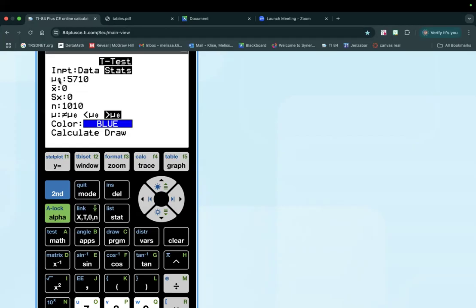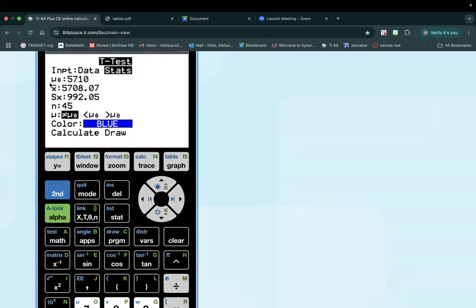The sample mean is right here, an x bar, and that was 5708.07. My standard deviation, 992.05. And my sample size. Remember, we need the sample size because we use n minus 1 degrees of freedom for our test statistic. This is a two-tailed test, so I'm going to use the easy one, the two-tailed, and then we're going to go down to calculate.